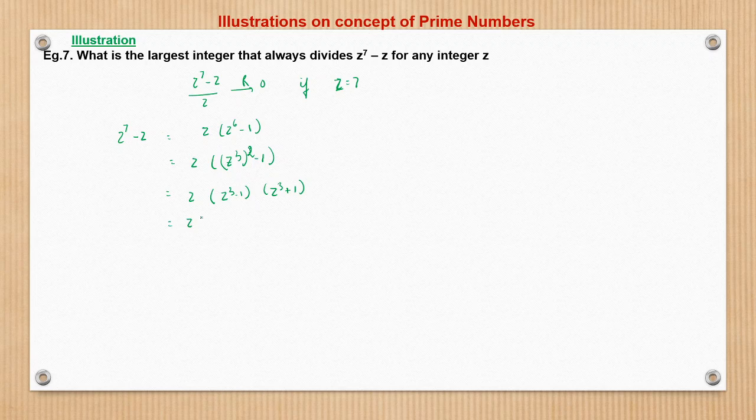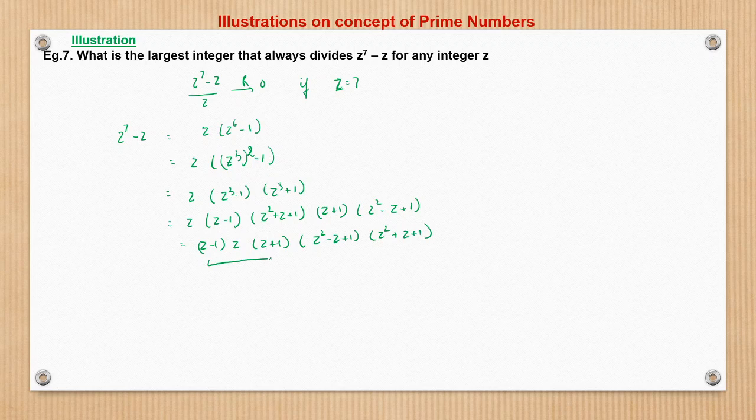So this becomes z into z minus 1 into z square plus z plus 1, and z cube plus 1 we can write as z plus 1 and z square minus z plus 1. So this becomes basically z minus 1 into z into z plus 1 into z square minus z plus 1 into z square plus z plus 1.